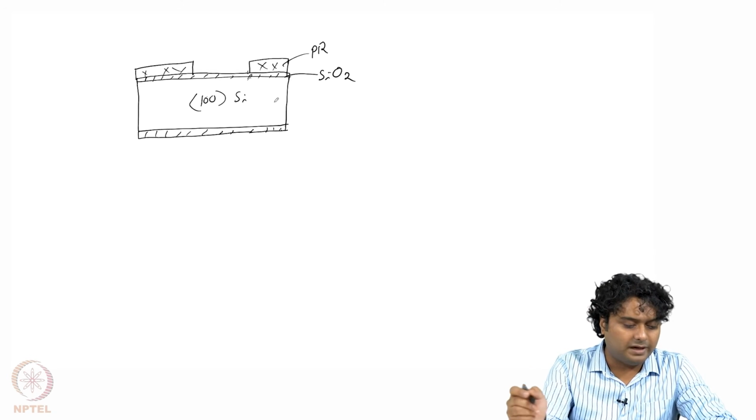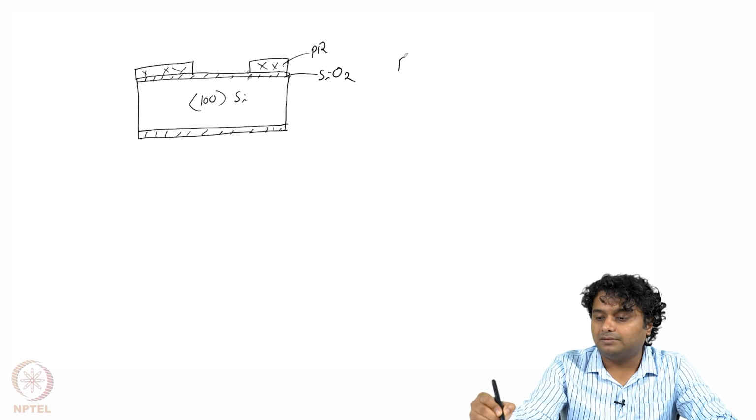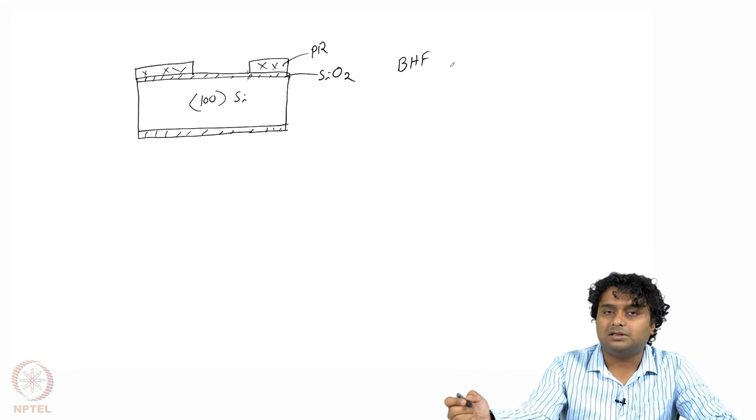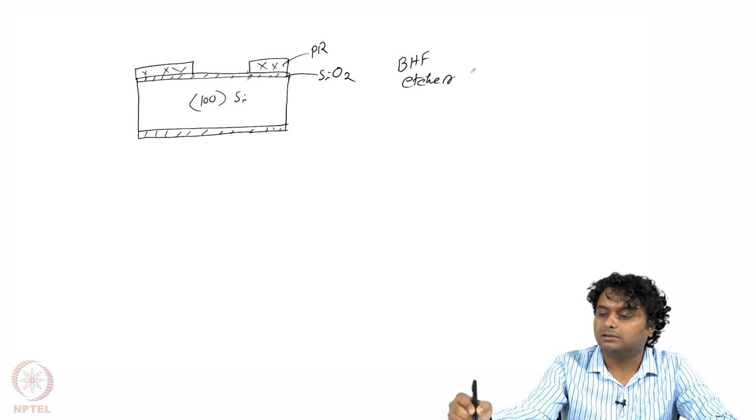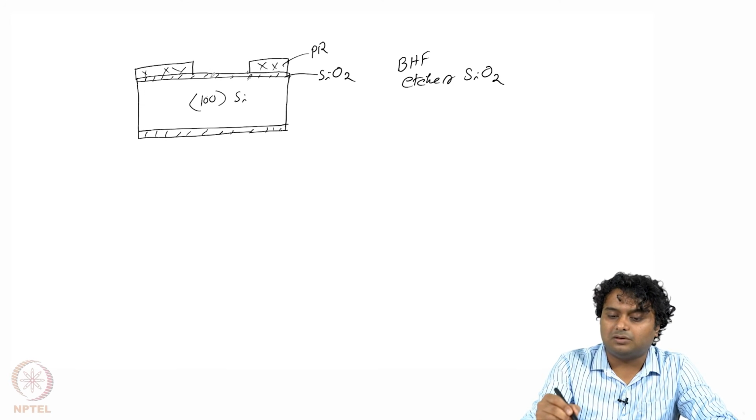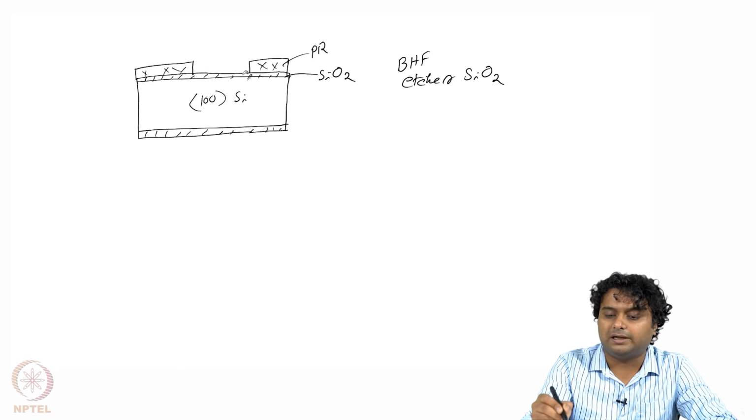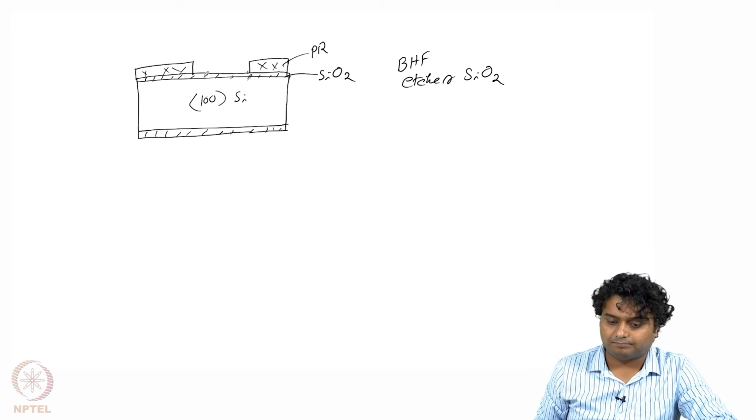Now we use HF or buffer HF, which is a solution of hydrofluoric acid, and that etches SiO2. So the SiO2, where it is exposed, that region will get etched by the buffer HF, but this region will not get etched.